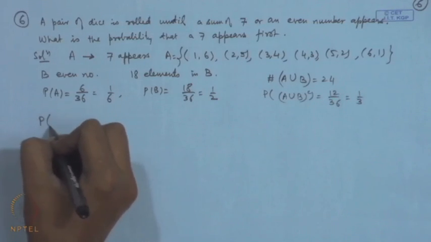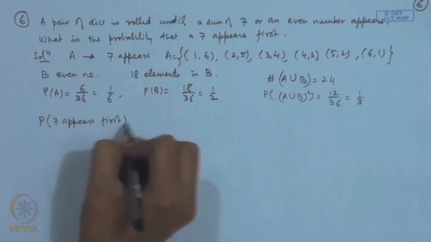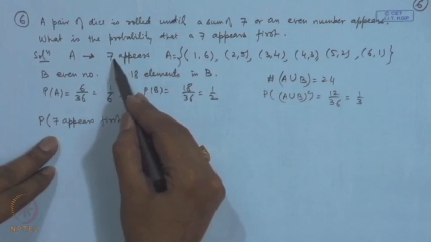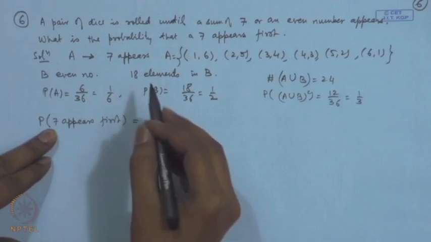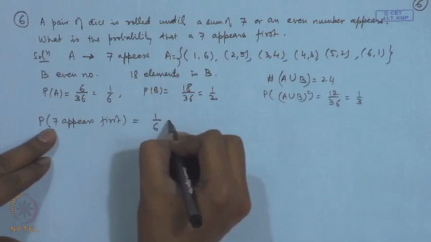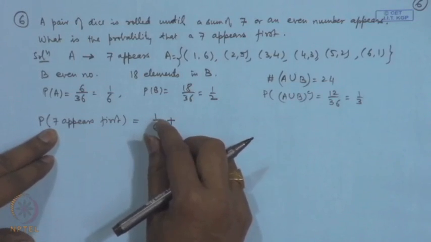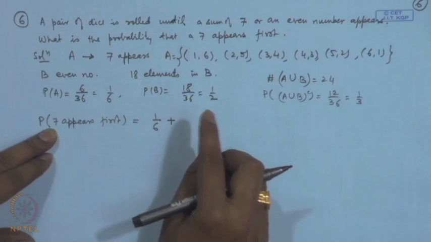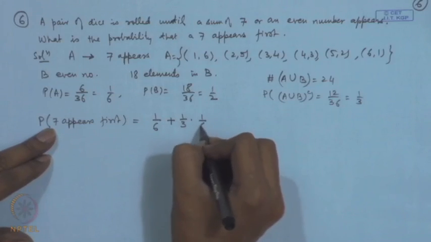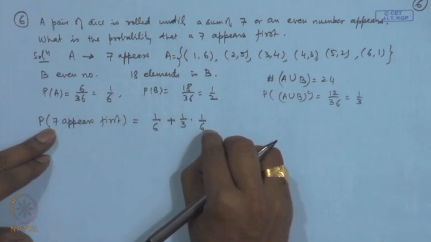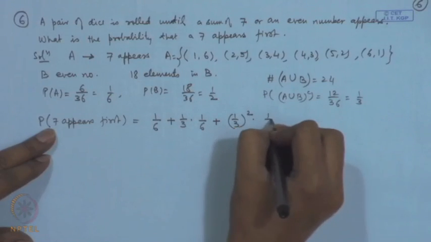So, what is the probability that 7 appears first? Now, this means that the event A occurs in the first throw itself. So, the probability is 1 by 6, or in the first throw 7 does not occur, also an even number does not occur, the probability of which is 1 by 3, and in the second throw 7 occurs, or in the first two this does not occur, in the third one it occurs.